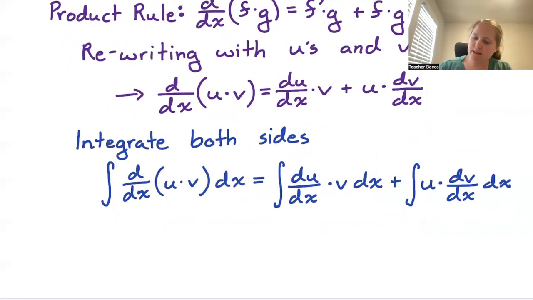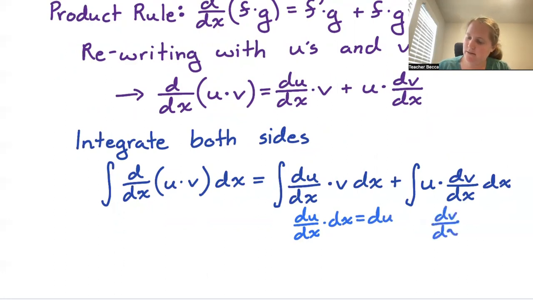Du dx times dx is just du. Similarly, dv dx times dx is just dv.